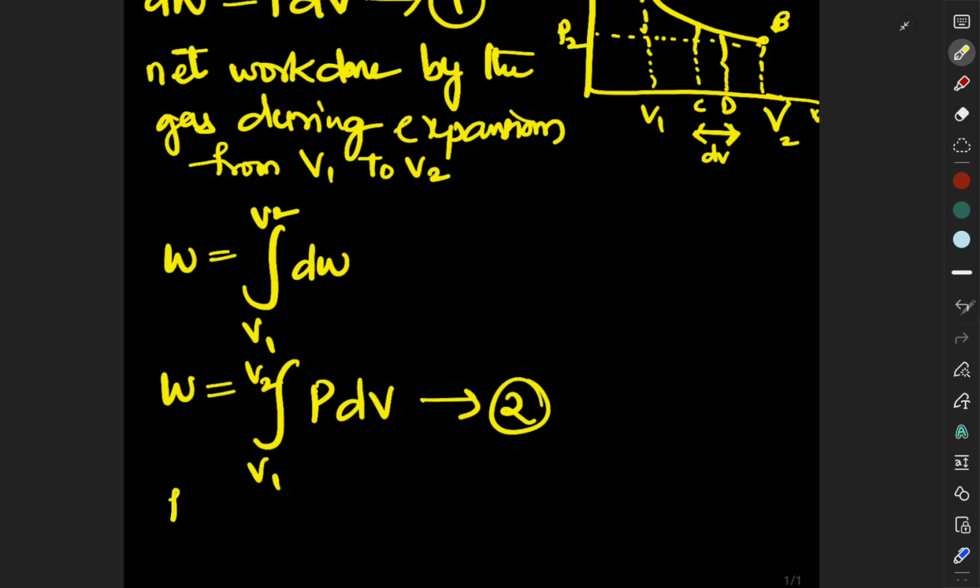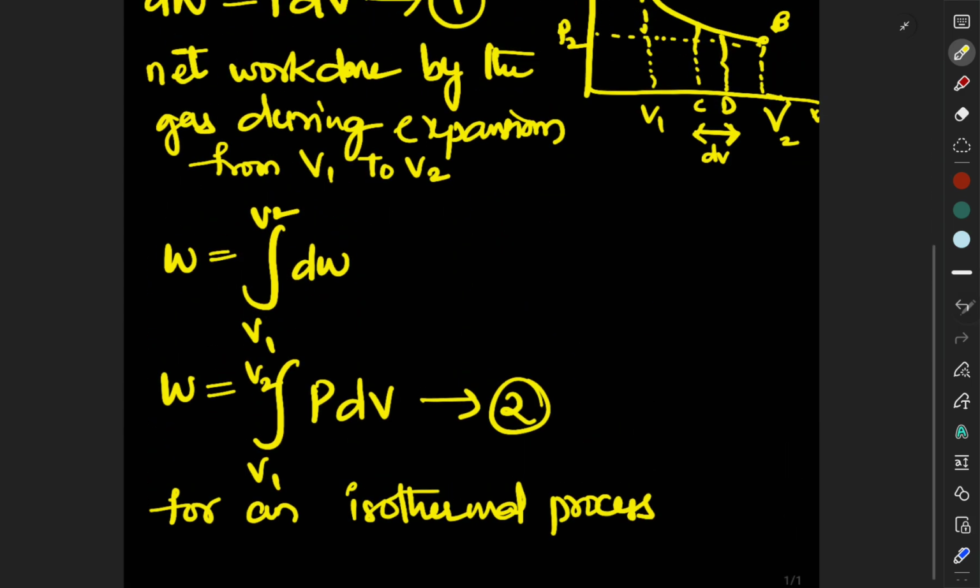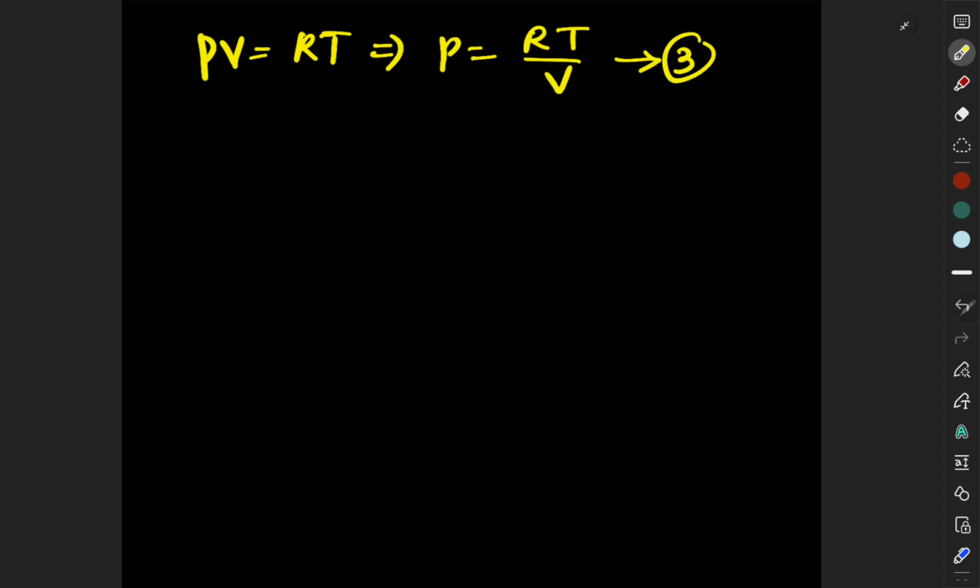Now for an isothermal process, we have PV is equal to RT, or from this we can write P is equal to RT by V. Here Boyle's law holds good. I have written P is equal to RT by V and mentioned it as equation number 3.